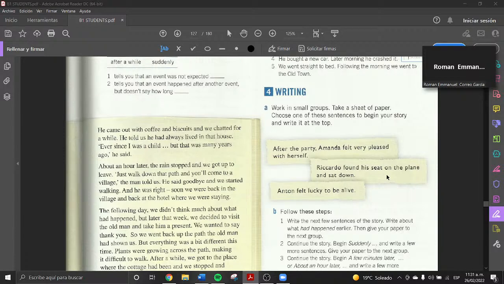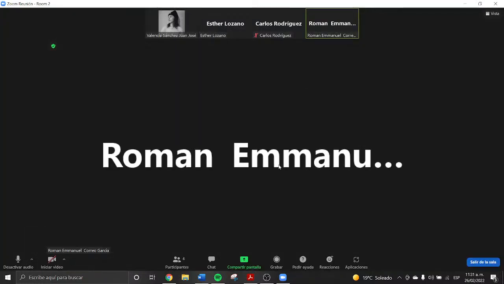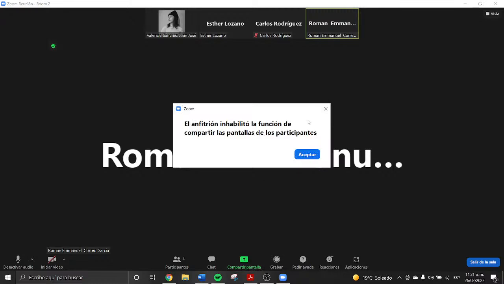I think in the third option we can talk more. I don't know. What do you think? Yeah, the third sentence is good. Do you want me to show my screen? Okay. So the option is we can write the same text or the same story.